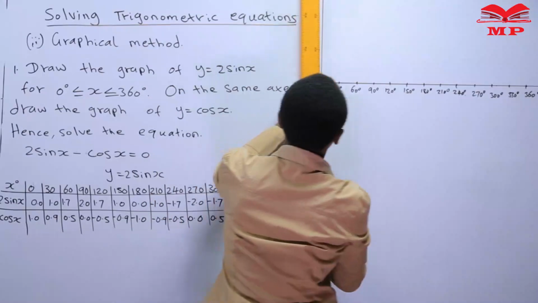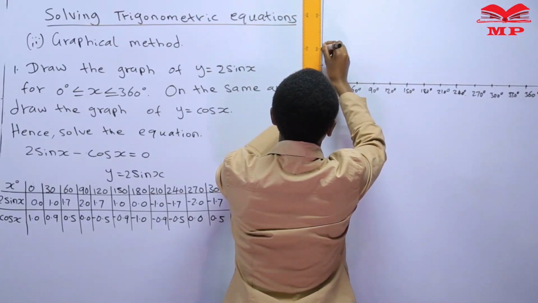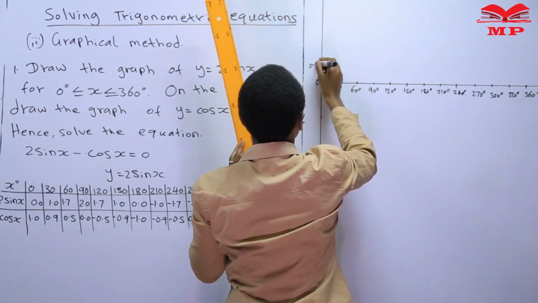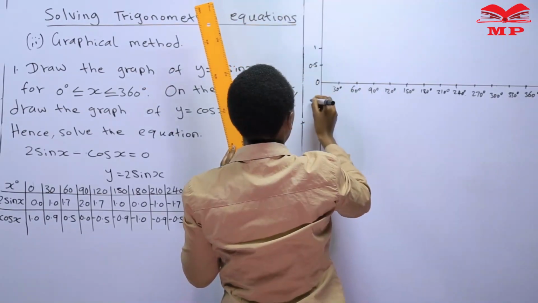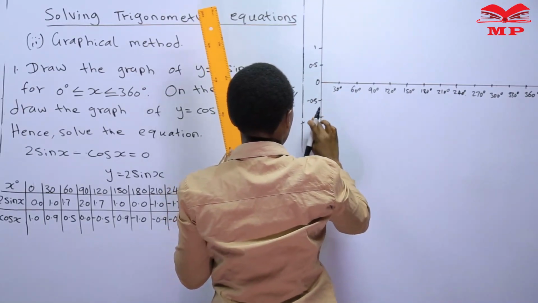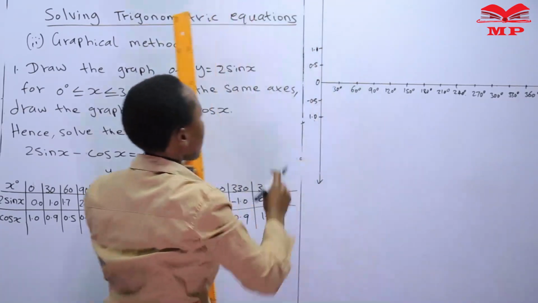Then here we also have the highest being 1, 0.5, and on the other side we have negative 0.5 and negative 1.0. So that's what we have.